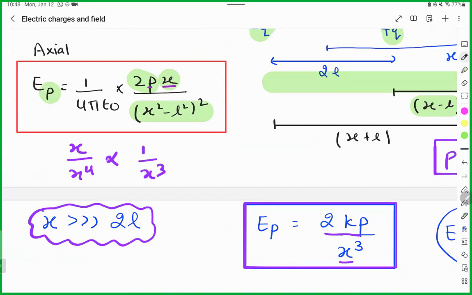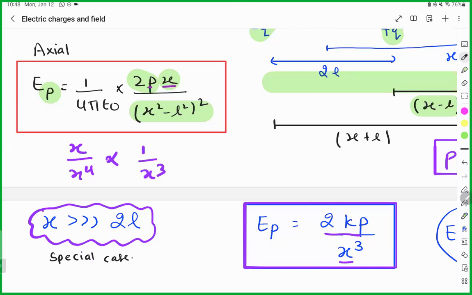Okay. In case NEET asks both types of questions, the proper pure form and this special case. This is a special case only when x is much bigger than 2L. For example, your 2L distance is 10 centimeter and x is 5 kilometer.